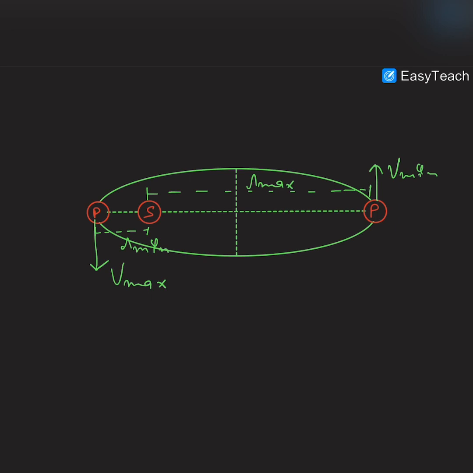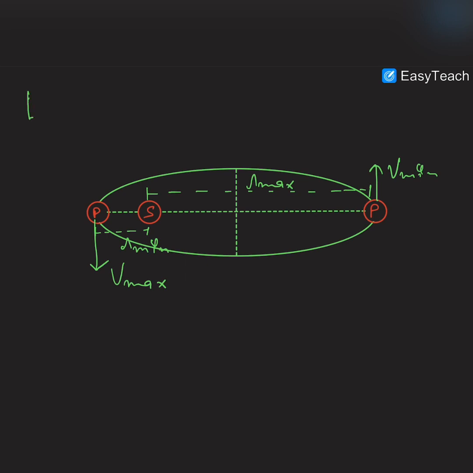Now let us also discuss the conclusion of this law of conservation of angular momentum and how we would use it in problems. It is very important to note that this is a non-uniform, in fact elliptical, motion, because the speed is not constant. The only things which are constant are the total energy of this orbit as well as the angular momentum.